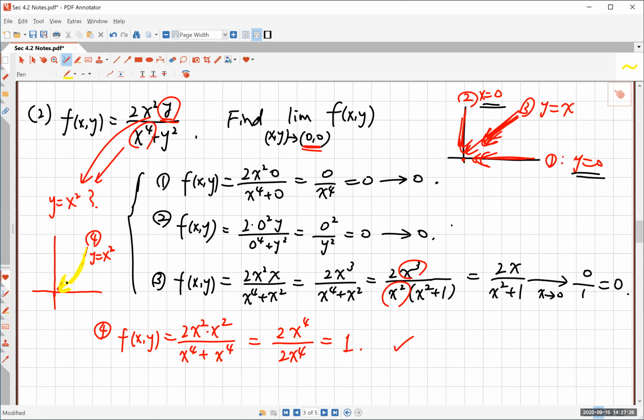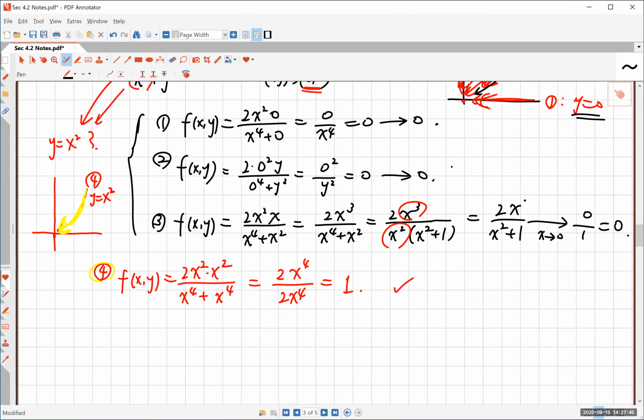If you follow the yellow brick path, then something else happens, right? What happens along that yellow path? Y is equal to x squared. Along that path, it's constantly 1. So it'll be like coming in this way, right? And so in that case here, we have found that the limit does not exist.